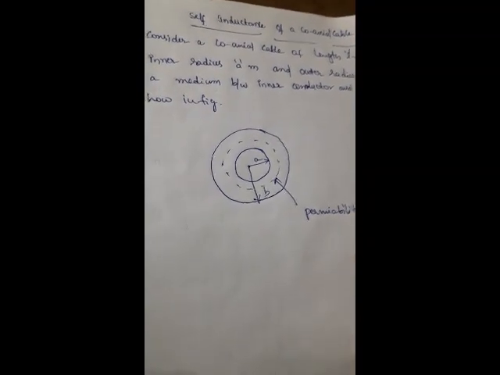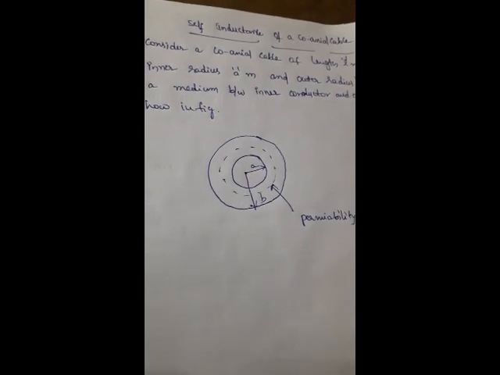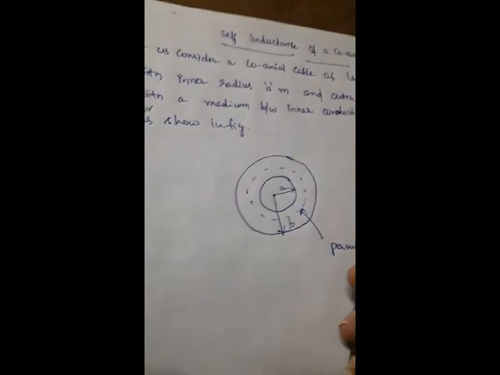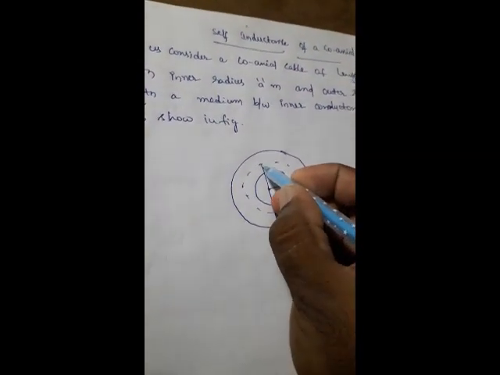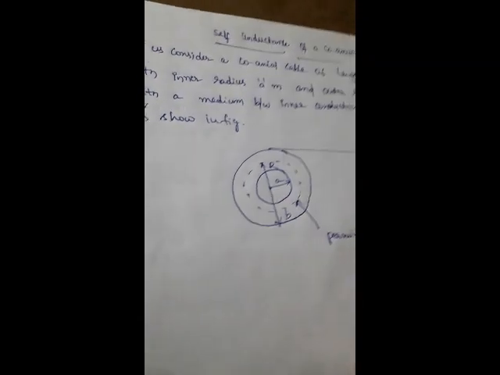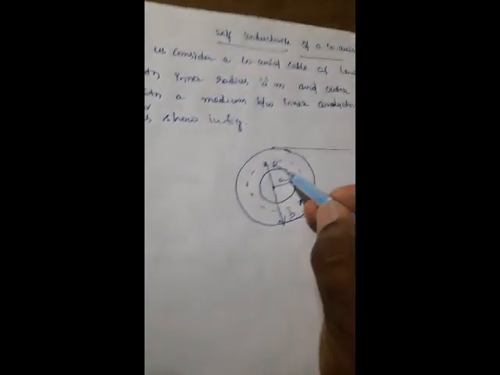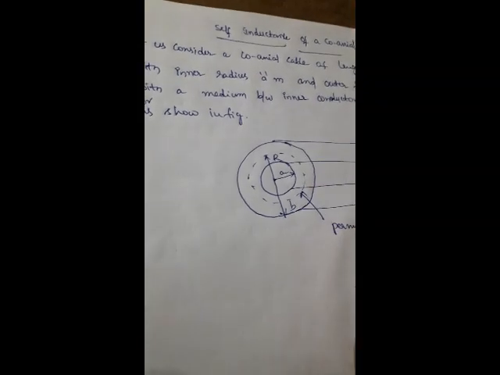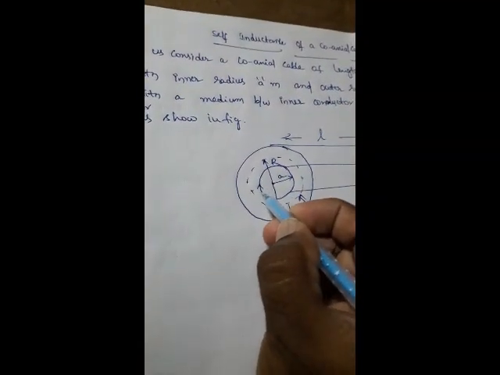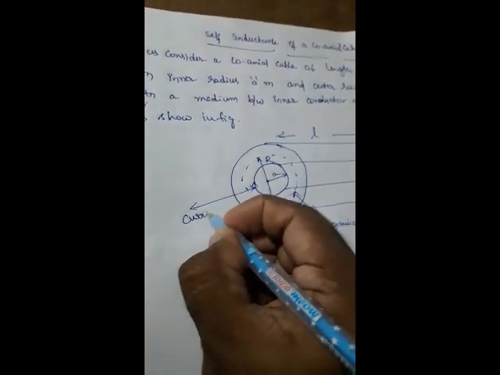The mean radius of this medium is capital R, and the length of this coaxial cable is L meters.